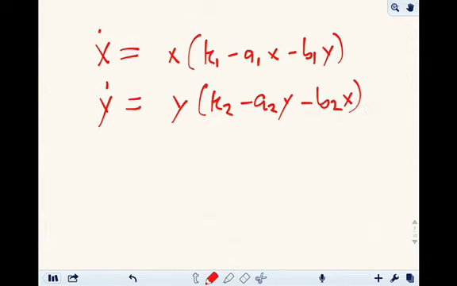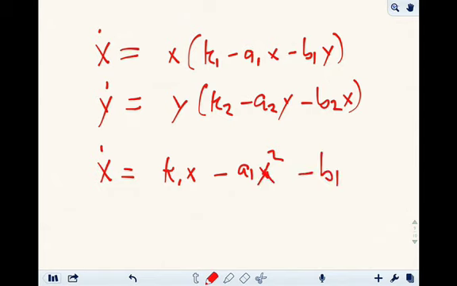So let's have a look at these terms. This is the way it's commonly written in mathematical texts, so don't confuse K with the carrying capacity. If we multiply this through, our first equation looks like this: X dot equals K1 X, a growth term. That alone would be exponential growth. And then we have minus A1 times X squared, so there's our density-dependent term.